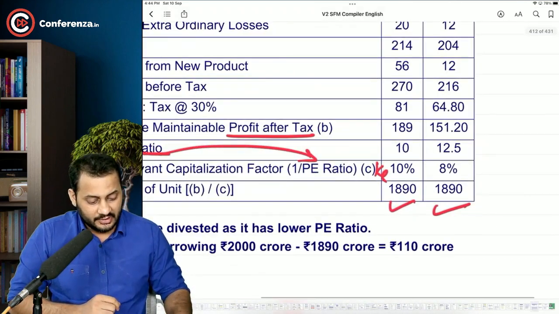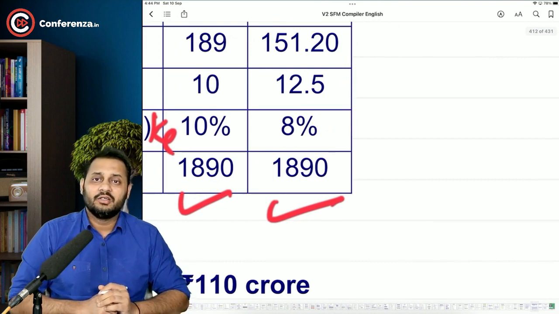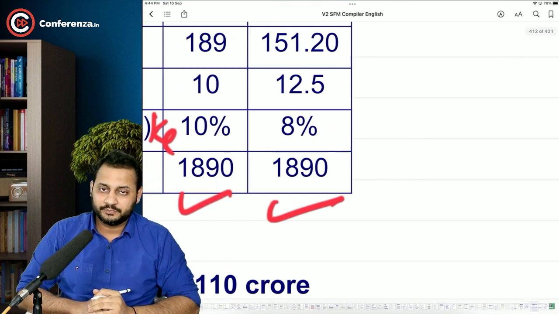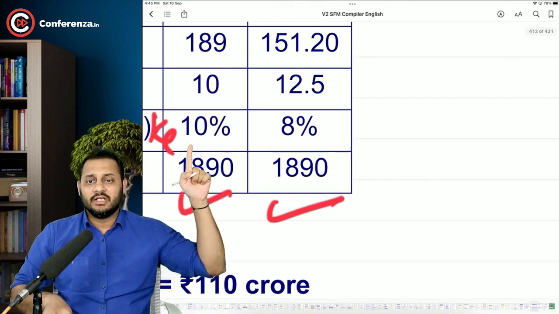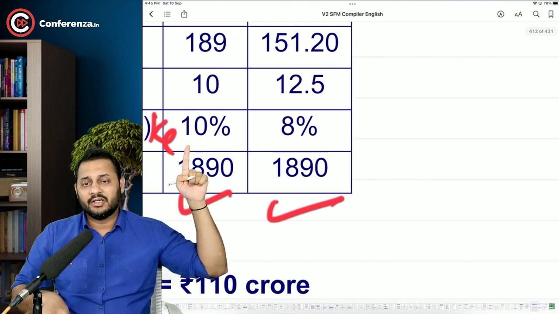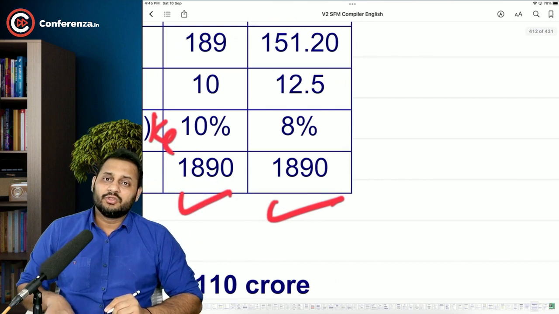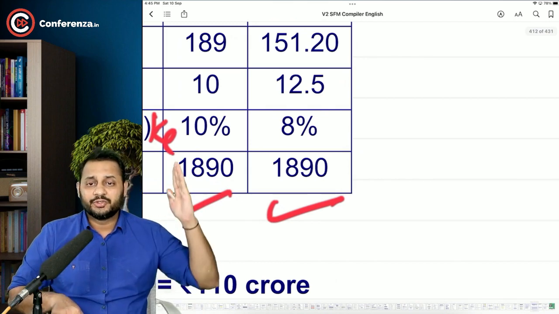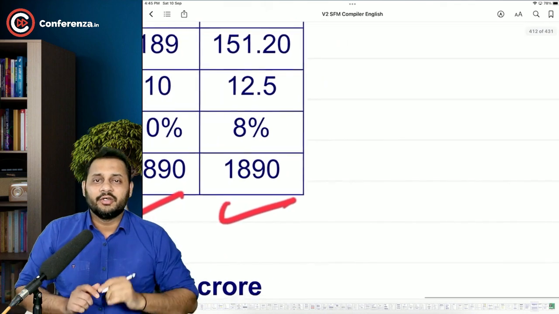Try to understand. Both the units have the same value, but the cost of capital on unit 1 is higher than the cost of capital on unit 2. What does that mean? It means that we have to give dividends, and the capital appreciation requirement in this unit is higher than the other unit. So the dividend, whenever you distribute it, should be higher in unit 1 because of the higher cost of capital and lower in unit 2.